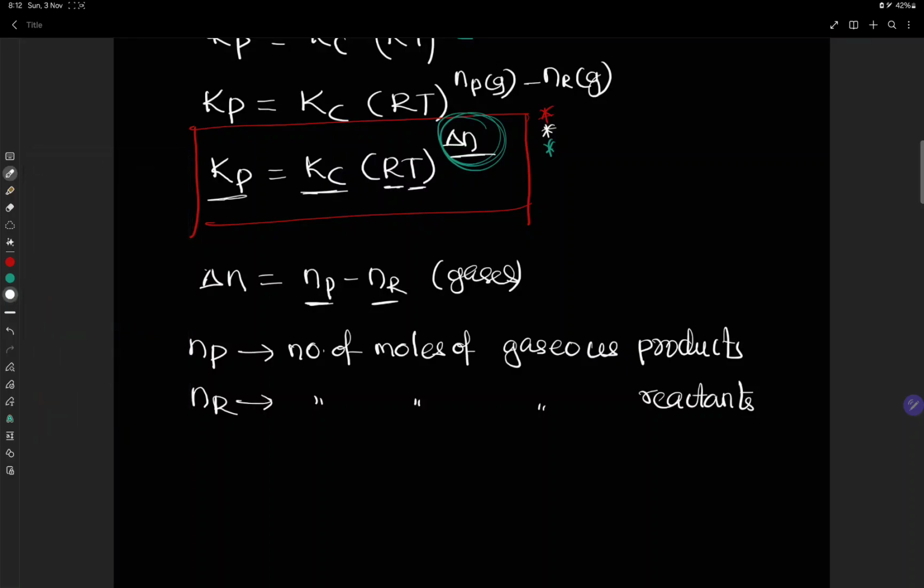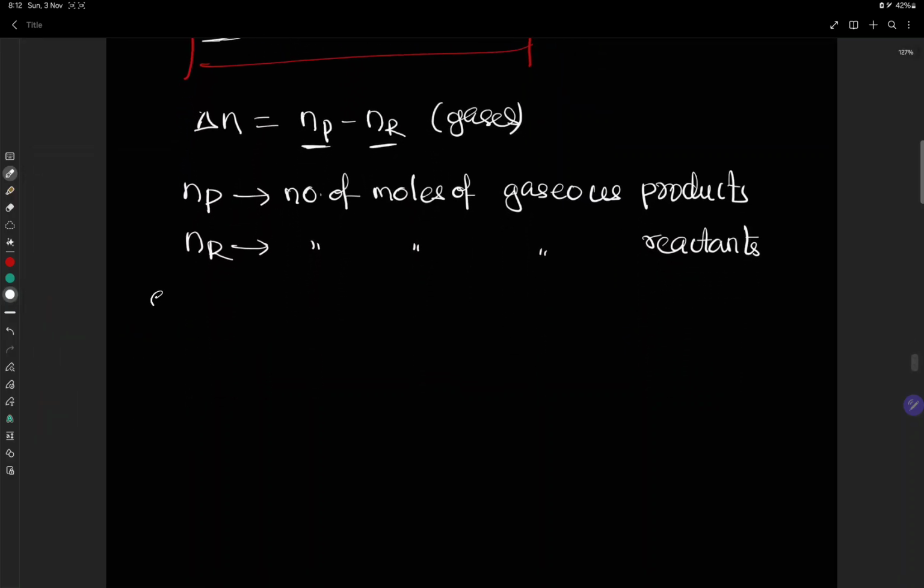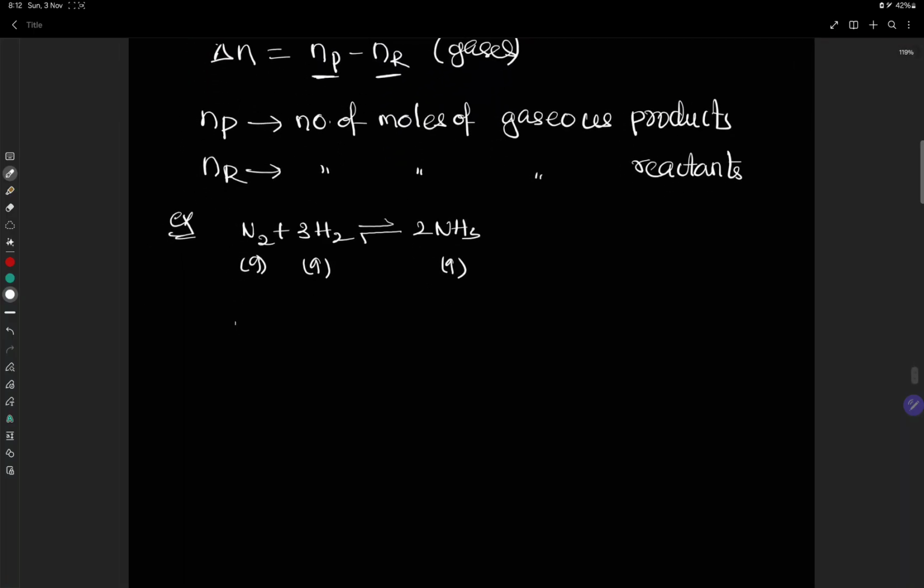See, for example, N2 plus 3H2 gives rise to 2NH3. It is a gaseous reaction. Then what is the Kp Kc relation for this? For a gaseous reaction we can write Kp and Kc also.